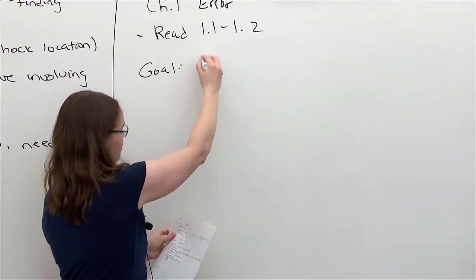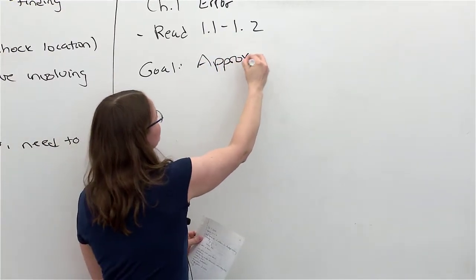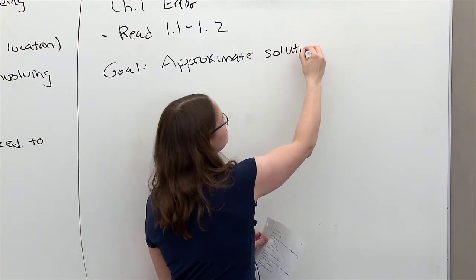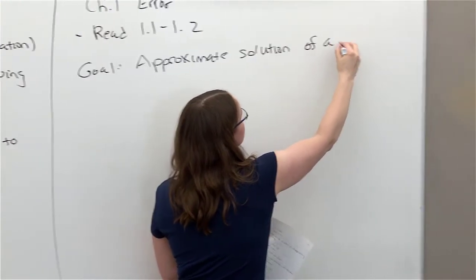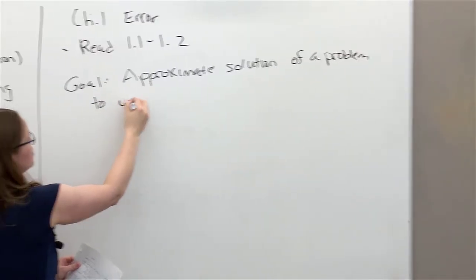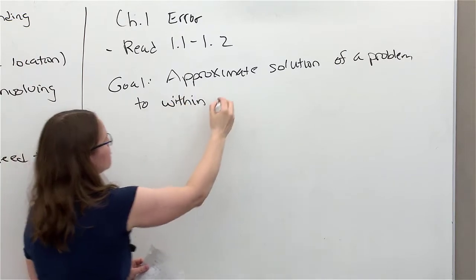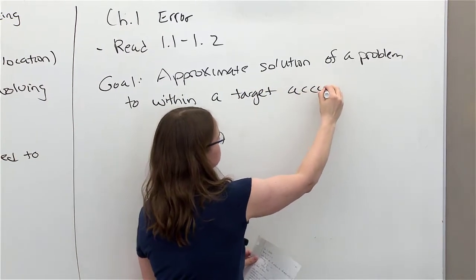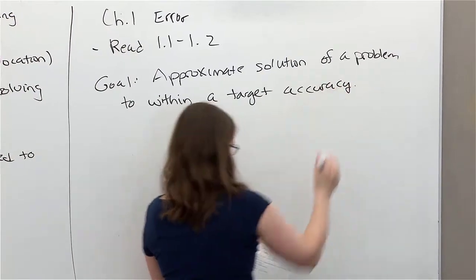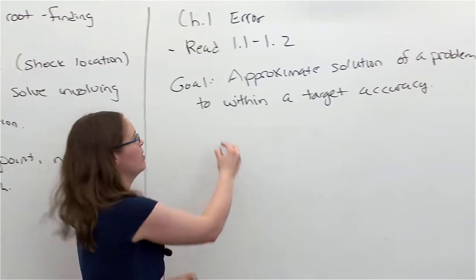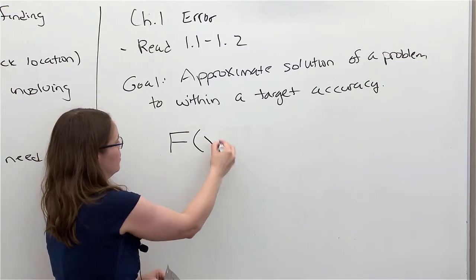So what's our goal? Approximate the solution of some problem to within some target accuracy. Okay, so this is all we're doing basically all semester, is we're going to solve this problem.